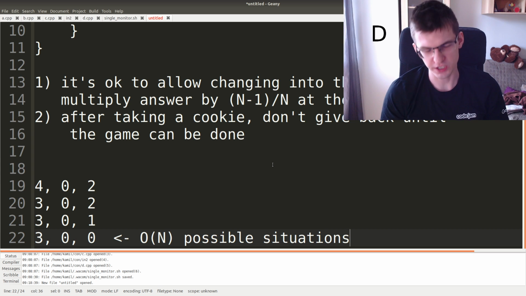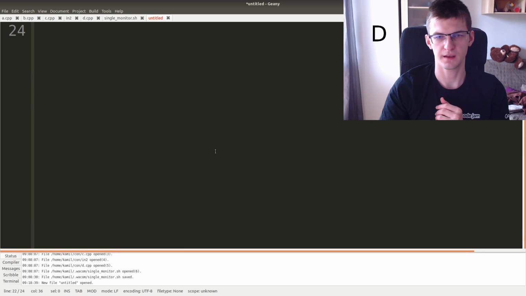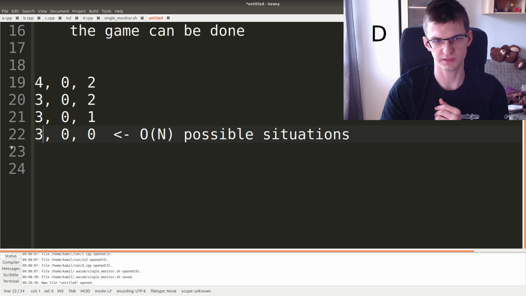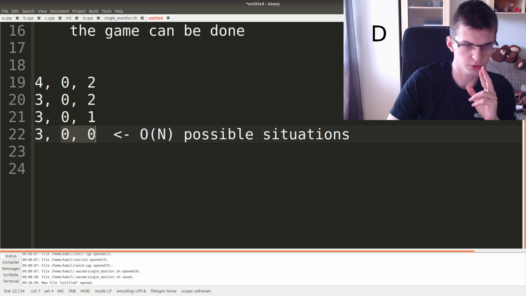So from the initial situation, I need to compute the probability of getting into each of those states. So I wonder about the first moment when only one player has cookies. And then from this, I will start giving cookies away. And either I give a cookie to this person, or to one of the other ones.